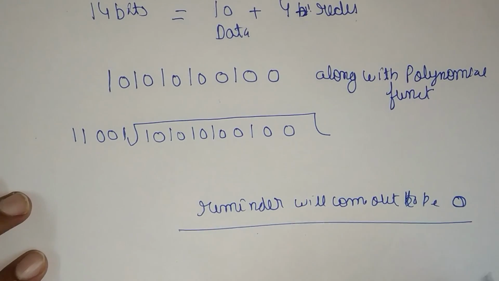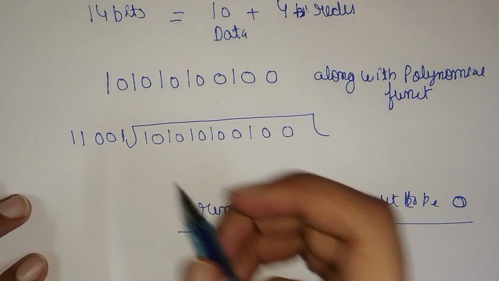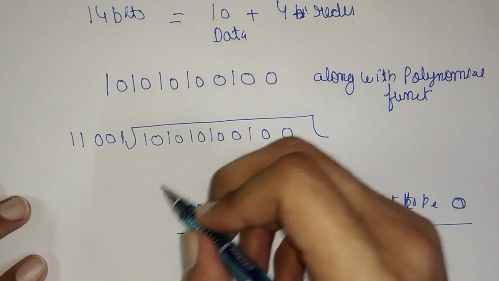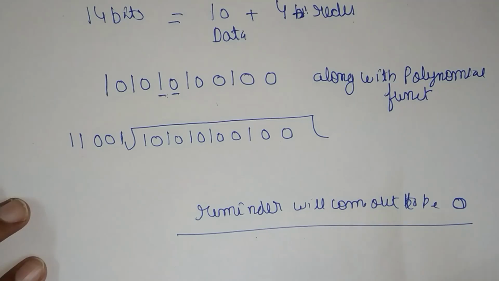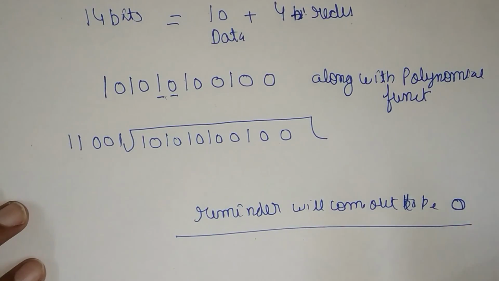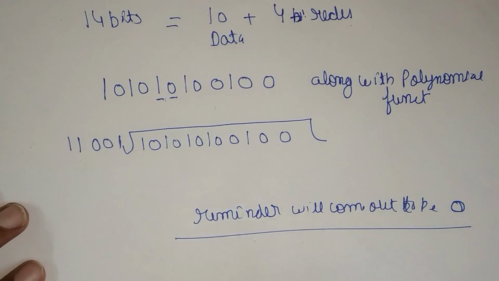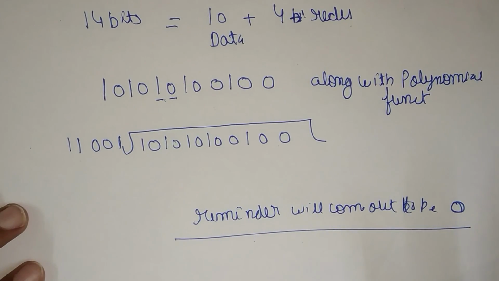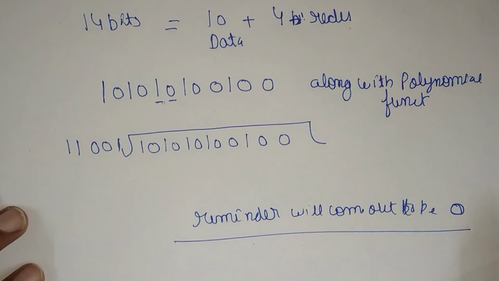And if the remainder is not 0, it means there is some error in that data, meaning some of the bits have changed. So this is basically the CRC error detection technique. It is widely used in today's world, and it is one of the best techniques that we have till now for error detection.